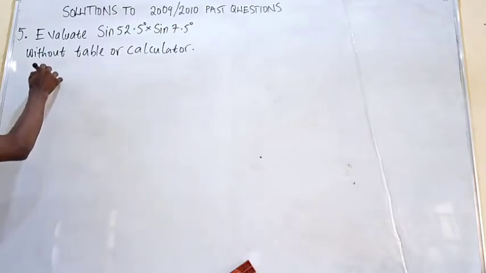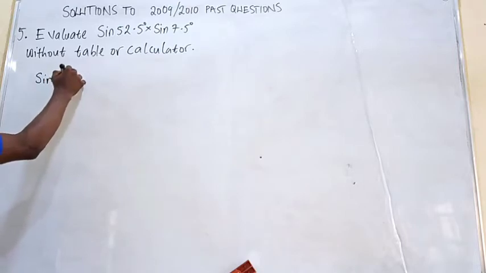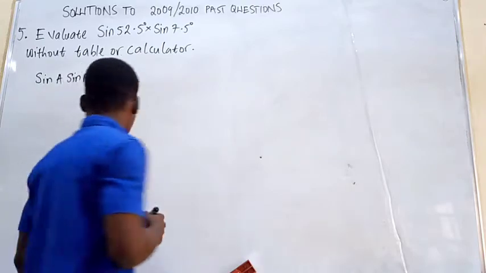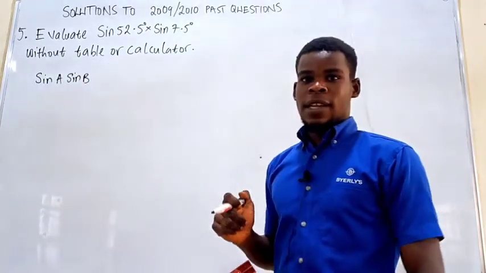Well, when we have the sine of an angle multiplied with the sine of another angle, this has an identity.